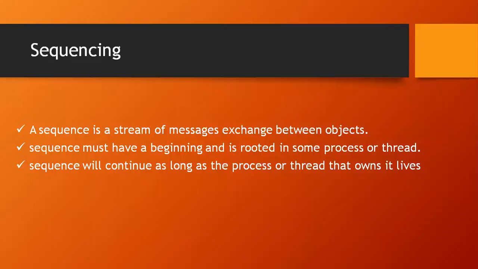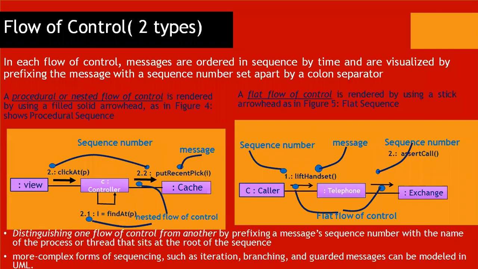To model the sequence of messages, we can explicitly represent the order of the message relative to the start of the sequence by prefixing the message with a sequence number set apart by a colon separator.